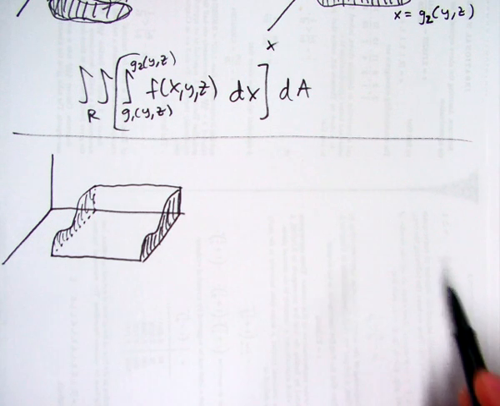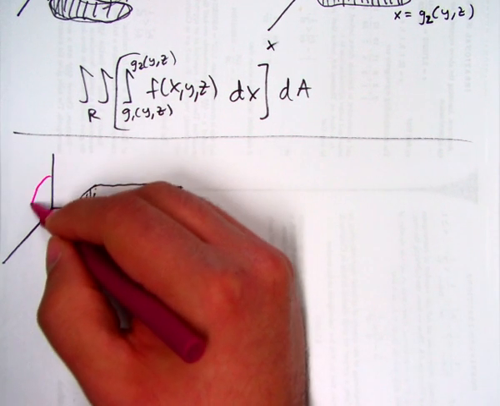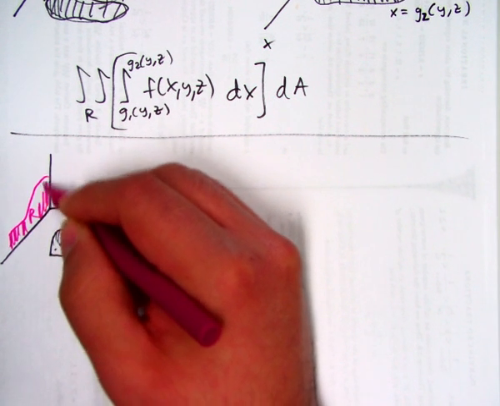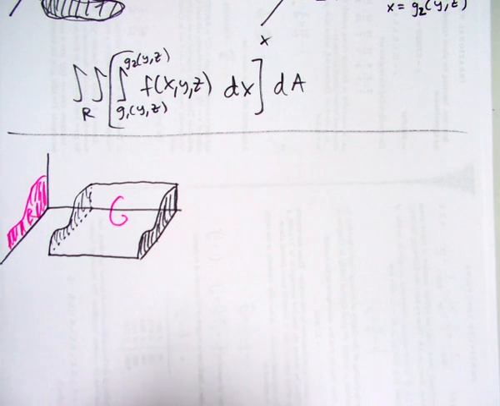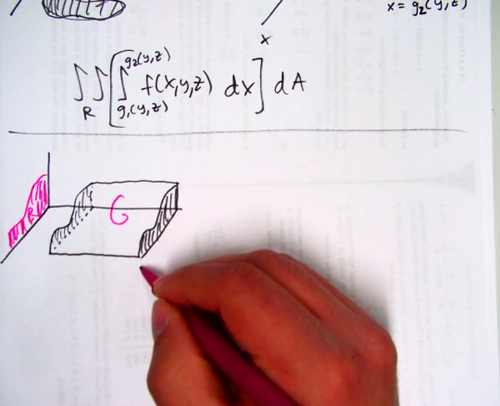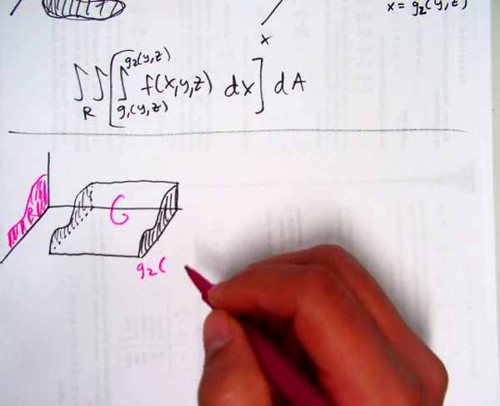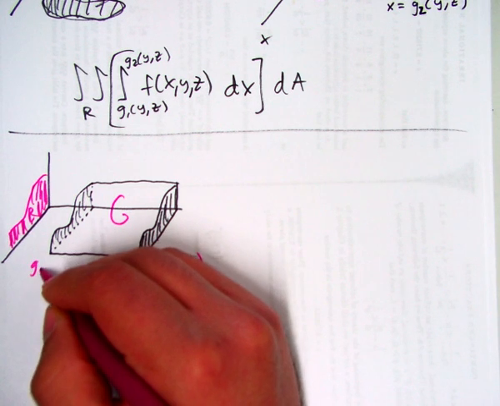Okay, so now this is R back here. This is G, this whole thing. And now this surface will be G2, but it's a function of x and z. And then this one over here is a function of x and z, but we'll call it G1.